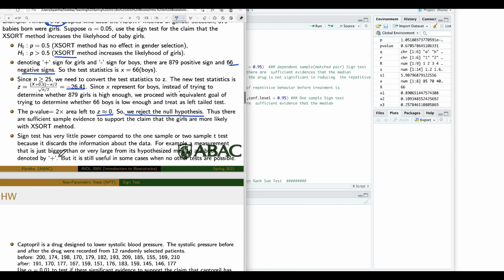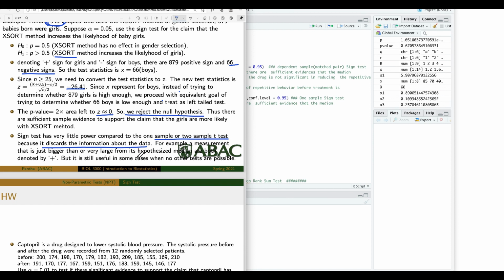Now, let's see this note. The Sign test has very little power compared to the one-sample or two-sample t-test because it discards information about the data. It just finds out the sign of the difference, right? So it does not care about the exact value of the data. For example, a measurement that is just bigger than or very far from its hypothesized mean are both denoted by positive, right?